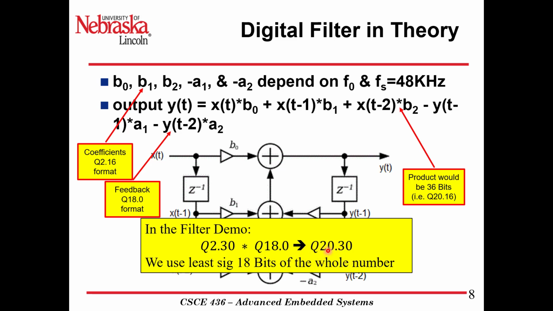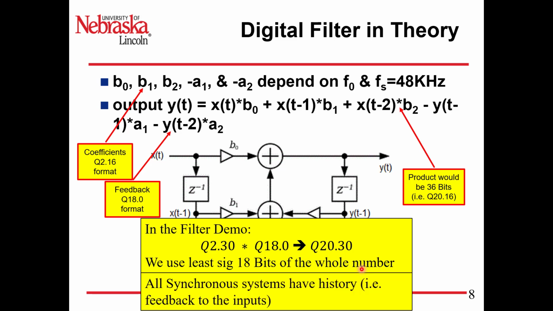We use the product of that, Q2.30 and Q18.0, we get 20 bits of whole and 30 bits of fractional portion. We're only going to use the least significant 18 bits, and I'll show you where that is in the code in just a little bit. I'm going to walk through how that works. So, use those 18 bits. A note, all synchronous systems have history, so they all have feedback to the inputs, and that's how synchronous systems work.